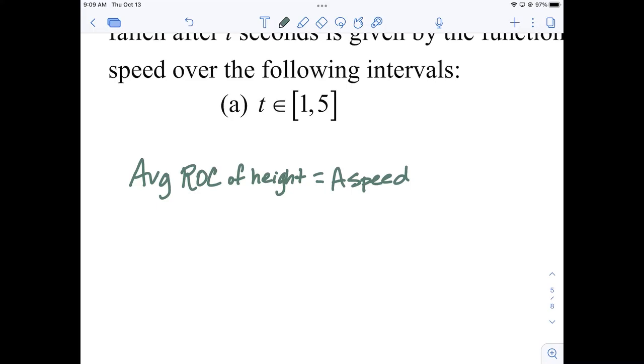So in this case, we're just going to be looking at the magnitude. So we're looking at the average rate of change of height. We'll call it the average speed. And it's going to be h of 5 minus h of 1 all over 5 minus 1, okay? H of 5 is its final position, its final height. H of 1 is its initial height. And then 5 minus 1, that would be the elapsed time.